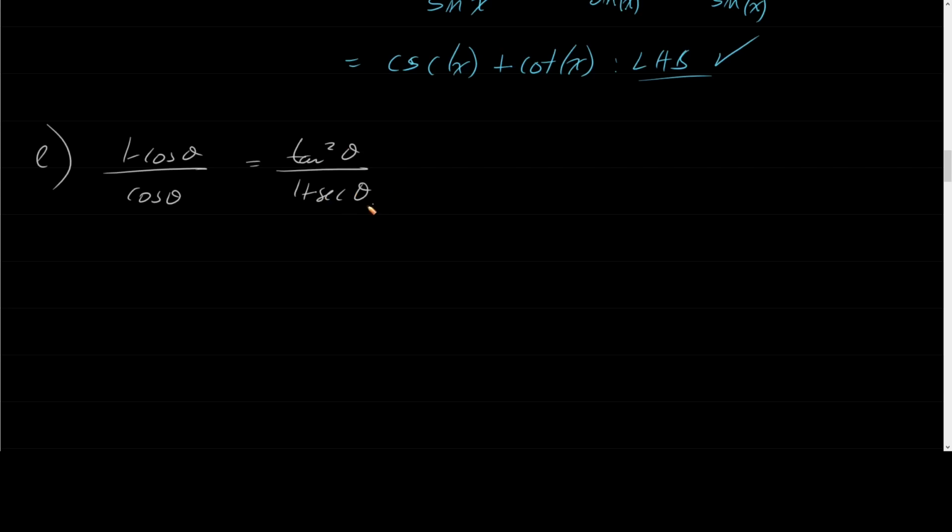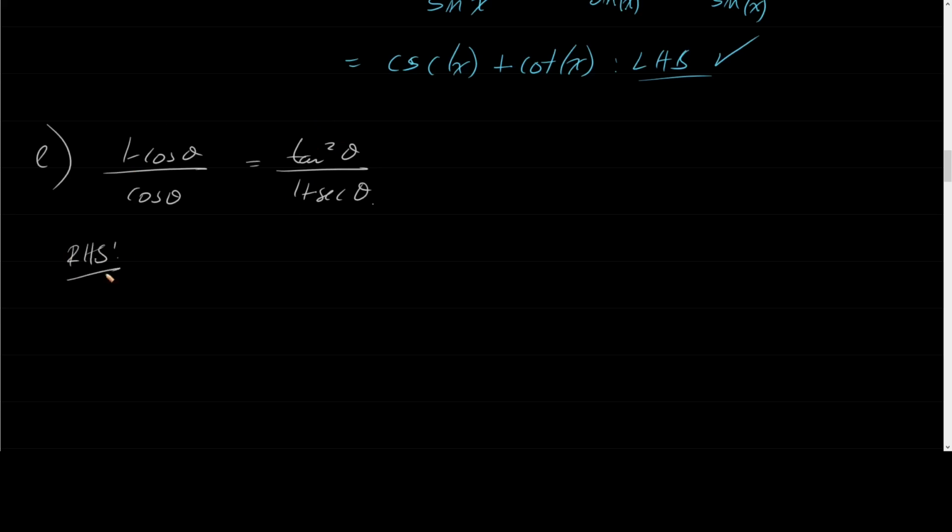All right, and again, what you want to do is see which side has more stuff going on for it, and start with that. All right, now in here, the very first thing I see is that the right-hand side has more stuff going on for it than the left side. So I'm going to start with that. It's possible to start with the left one, but I'm going to start with the right-hand side in this case.